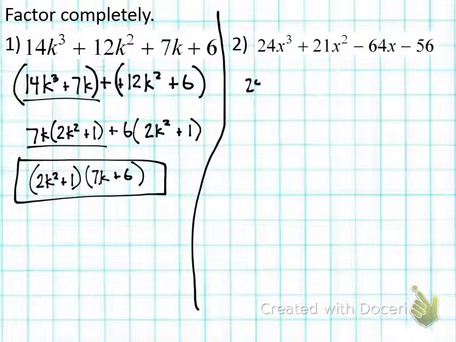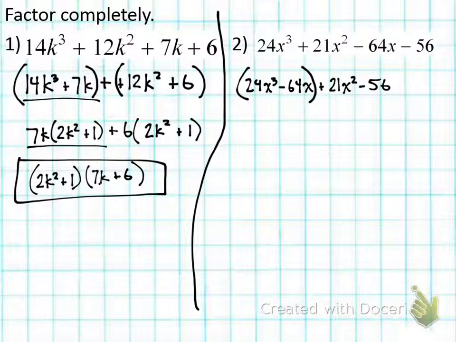So we have 24x cubed minus 64x plus 21x squared minus 56. I'm going to regroup these, or put parentheses around my groupings.